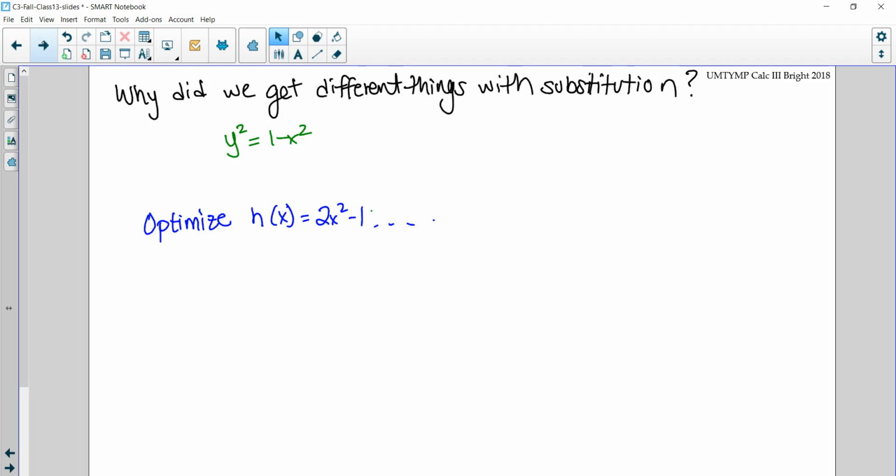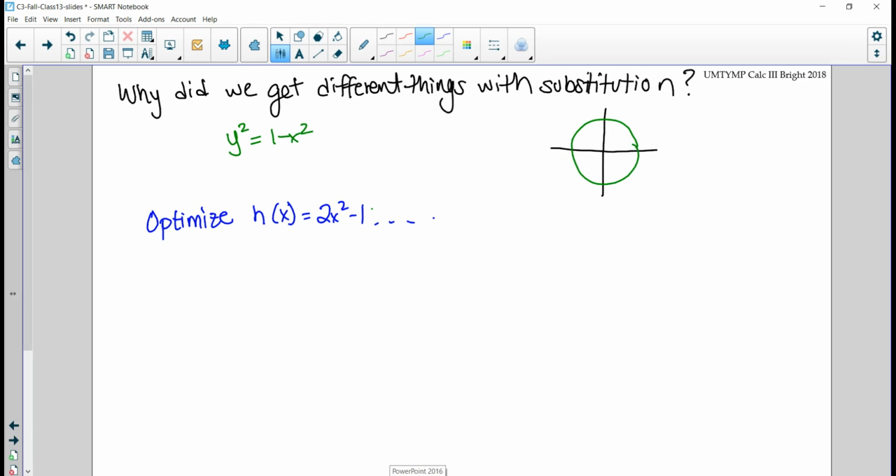If I solve for y squared, we would want to optimize this function, but remember my constraint, which I can visualize as the unit circle. On this unit circle, I'm restricting the surface that I'm on, and we might recognize that surface as a saddle.